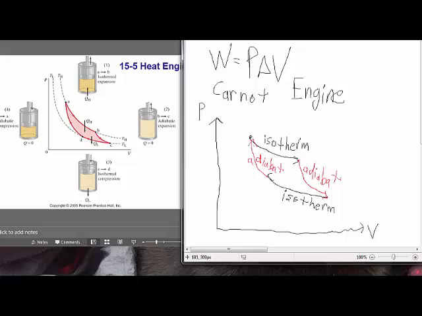So how much net work did we achieve in this one cycle? It's important to know that the work done in a process is the area under the pressure versus volume curve. So for the first step, the area under the first isotherm and the first adiabat is everything in here.